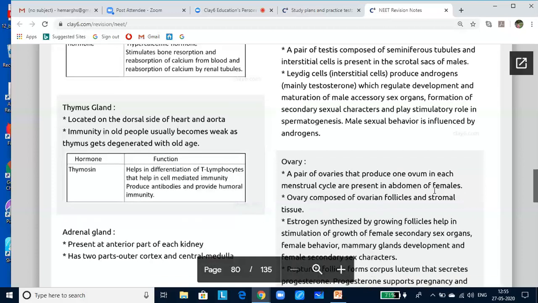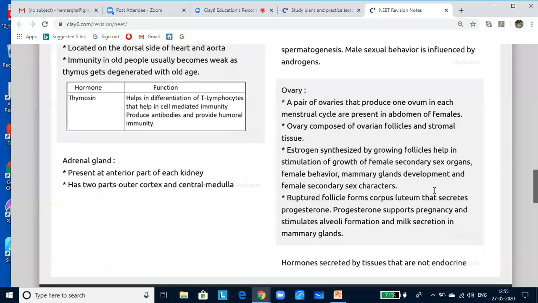Now, the ovary, if you look at it, a pair of ovaries that produce one ovum in each menstrual cycle are present in the abdomen of the females. The ovary is composed of ovarian follicles and stromal tissue. Now, the structure will all be dealt with in human reproduction in detail.